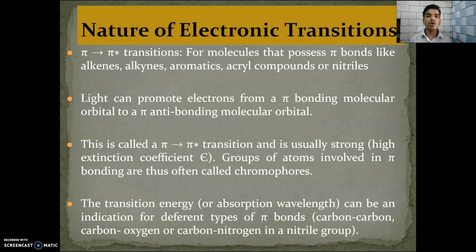This is called a pi to pi star transition, and it is strong, with a high extinction coefficient epsilon. The group of atoms involved in pi bonding are often called the chromophore. So whatever chromophores are there, they have pi electron transitions in them, and the transition energy can be an indication of the different types of pi bond, for example carbon-carbon, carbon-oxygen, or the carbon-nitrogen in a nitrile group.